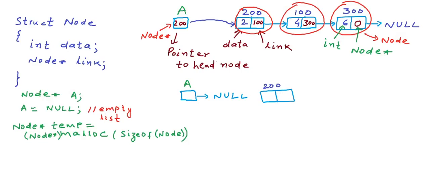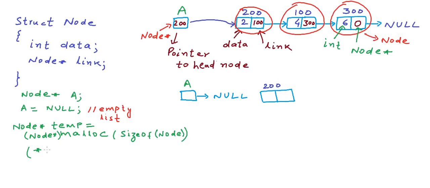So now we have created one node in the memory. And now what we need to do is fill in the data in this particular node and adjust the links, which will mean writing the correct address in the variable a and the link field of this newly created node. To do so, we will have to dereference this particular pointer variable that we just created.